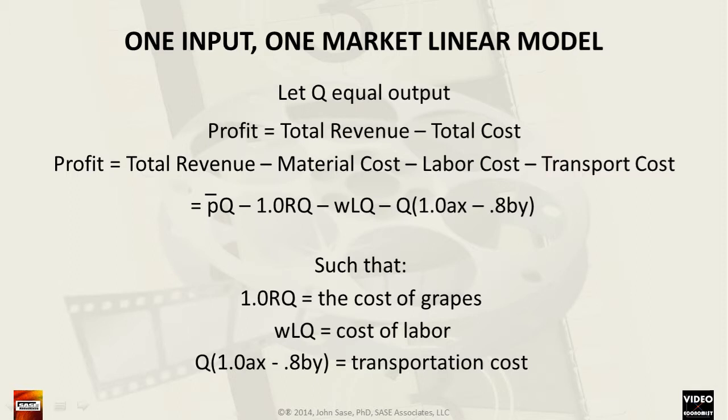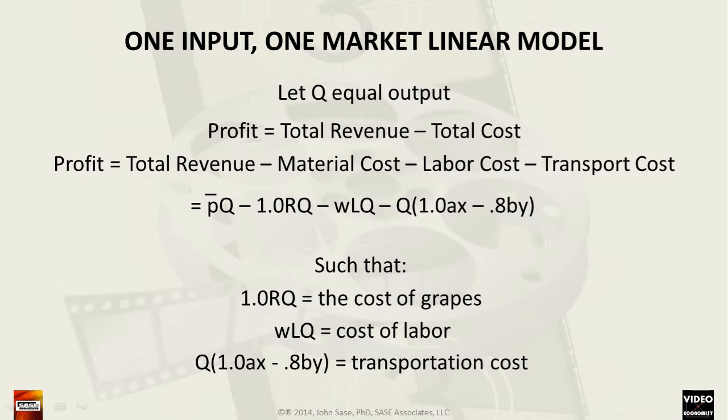In this equation, P bar times large Q equals total revenue, 1.0 RQ is the cost of the grapes, W large L large Q is the cost of labor, and large Q times the sum of 1.0 AX, the grape transport cost, and 0.8 BY, the wine transport cost.